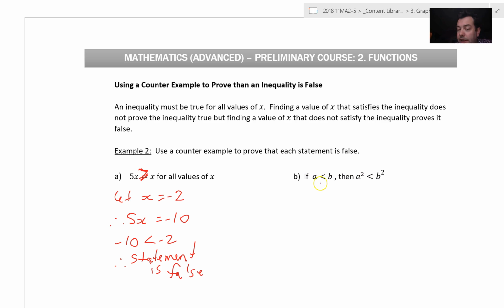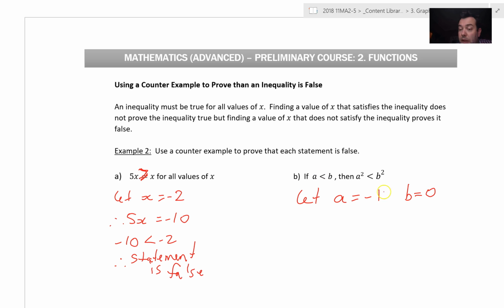Well, in some cases that is true. So let's say if I had 2 and 3, 2 is less than 3, 2 squared is 4, is less than 9. It's strictly less than. But what about, again, if a were a negative number with a greater magnitude than b? So let's say a equals negative 1 and b equals 0, okay?